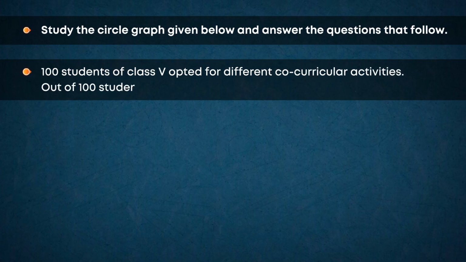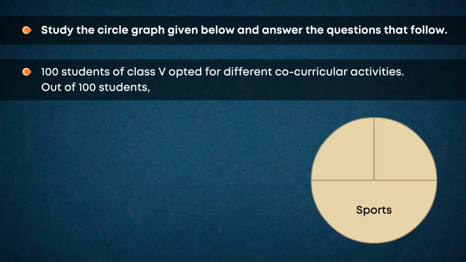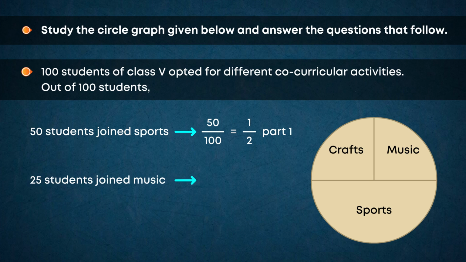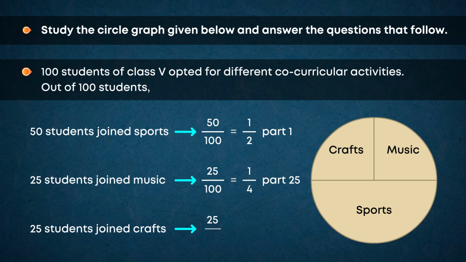Out of 100 students, 50 students joined sports. 50 by 100 is equal to 1 by 2 part. 25 students joined music. 25 by 100 is equal to 1 by 4 part. 25 students joined crafts. 25 by 100 is equal to 1 by 4 part.